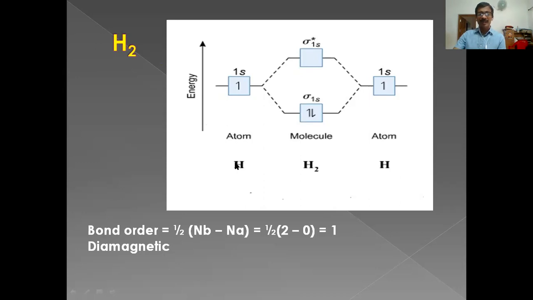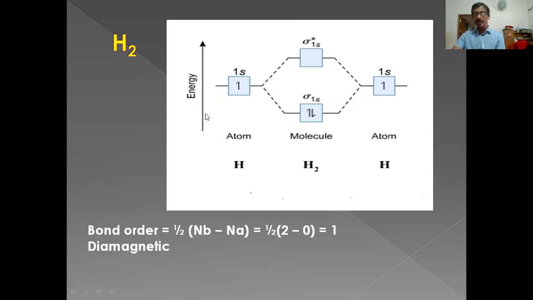Here it is represented as hydrogen, to represent the atomic orbitals of the first hydrogen atom. And here again you can see a hydrogen atom, to represent the atomic orbital of this hydrogen atom. Now in the middle, H2, the hydrogen molecule, you have to show the molecular orbitals of the hydrogen molecule.